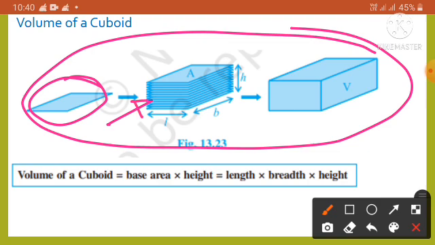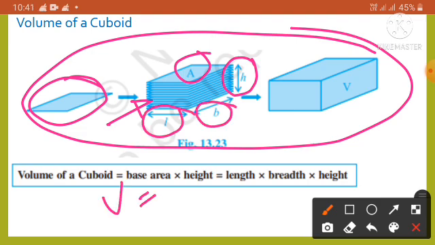So for each rectangle, the area is A. Now the height to which the rectangles are stacked up is H, and the volume of the cuboid is V. So what is the relationship here of volume with A and H?